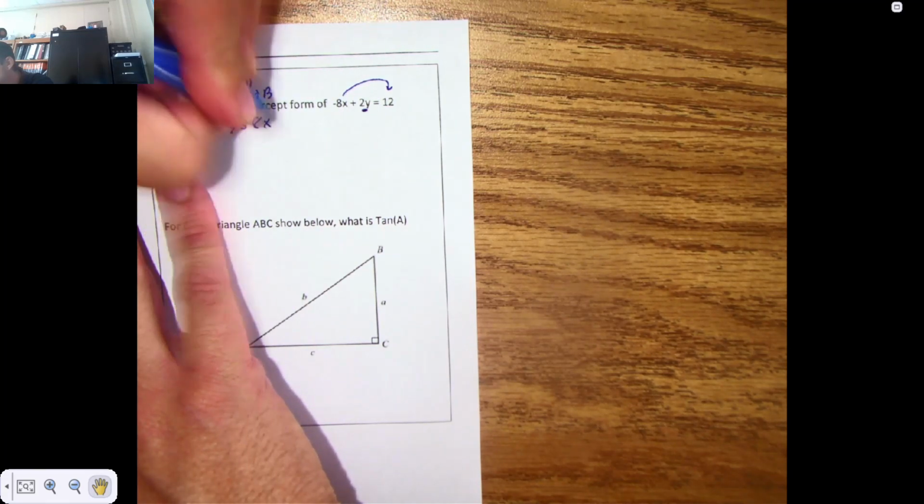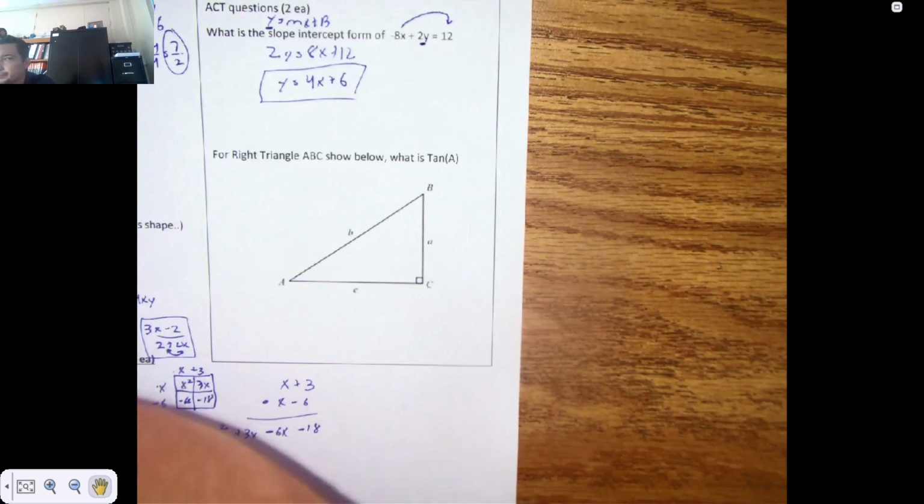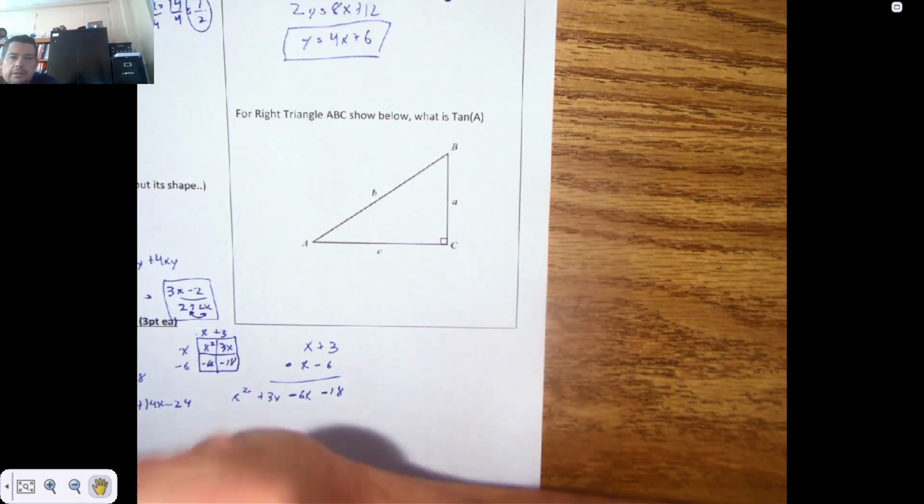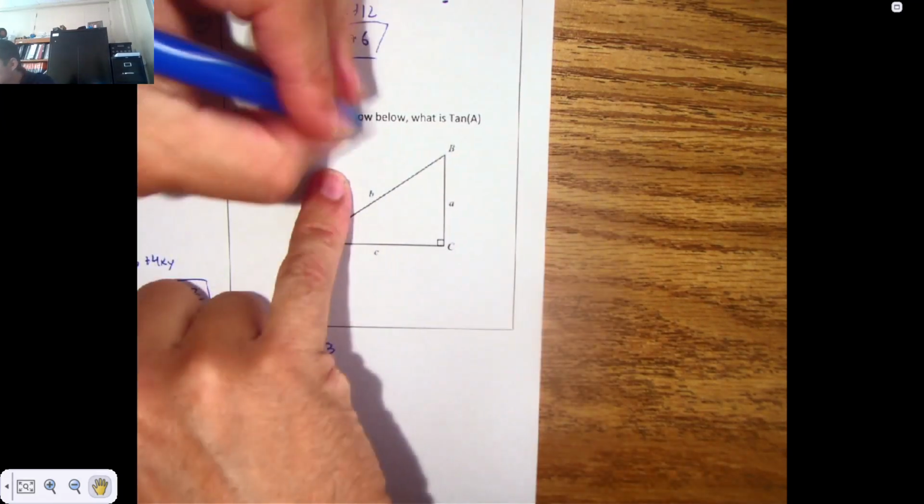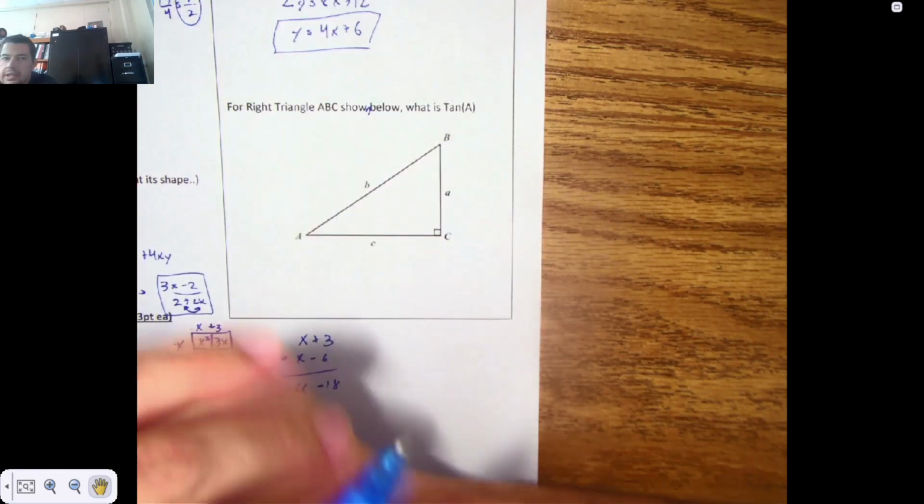Since y is on the left, I'm going to leave that there. I'm going to shift this over. 2y is now a positive 8x plus a 12, because the 12 didn't go anywhere. And I'm going to divide by 2. Ta-da! There you go.